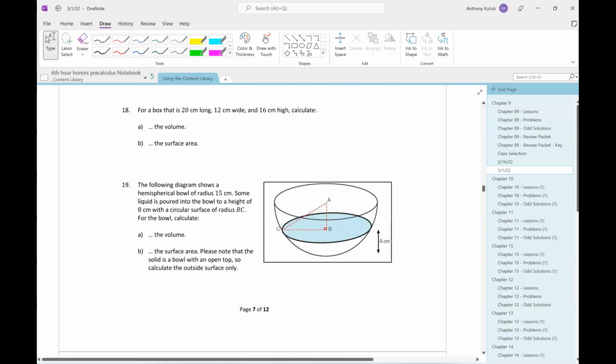Okay, 19. It says the following is a diagram that shows a hemispherical bowl, radius of 15 centimeters, liquid poured in to a height of 8 centimeters, circular surface area, blah, blah, blah, whatever. For the bowl, calculate the volume. And then the surface area, note that it's an open top.